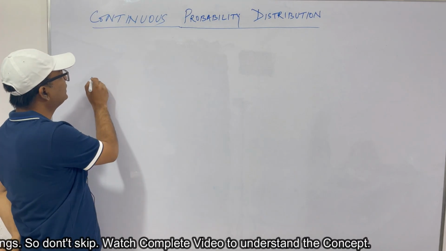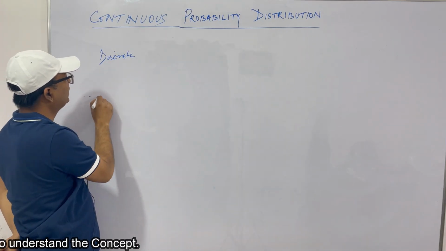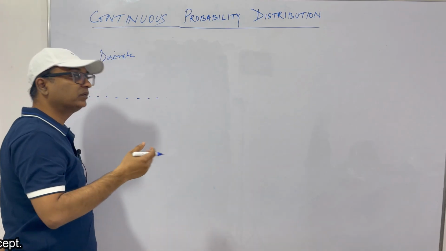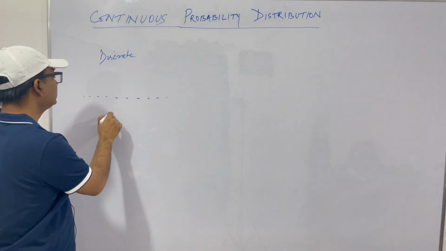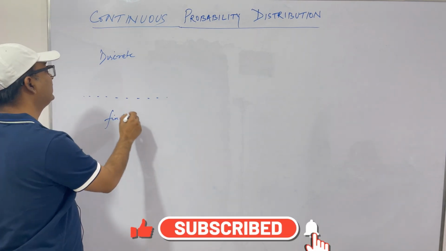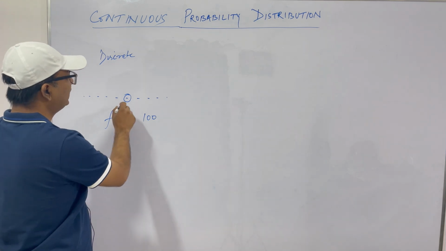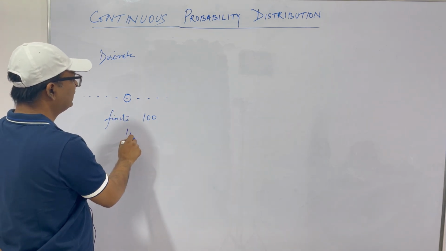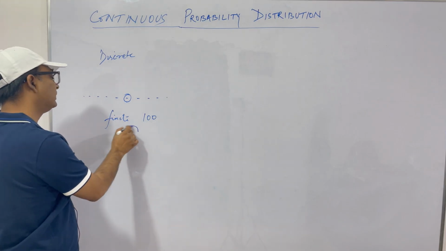Why? Let's say the discrete one. In discrete, we have a finite number of values. That can be 1000 or 100 or 10 or 1 million, but this is finite. So if we have 100 values and we have to find the probability of one, if all are mutually exhaustive and all conditions are met, this will be 1 by 100.